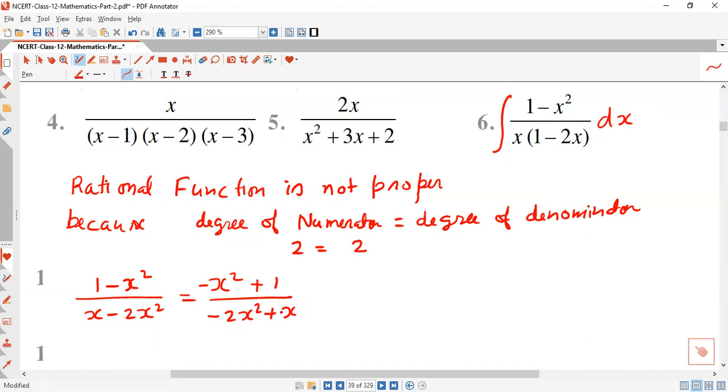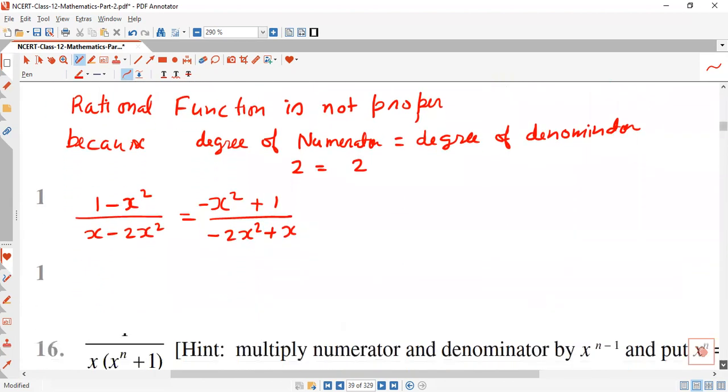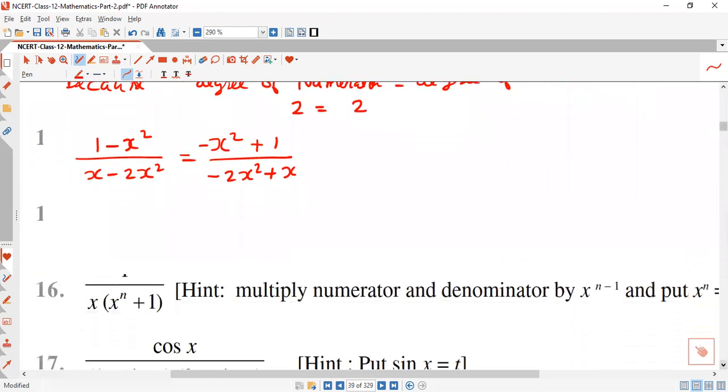Now we do the long division to find its value. So we do the long division here: minus 2x square plus x into minus x square plus 1.